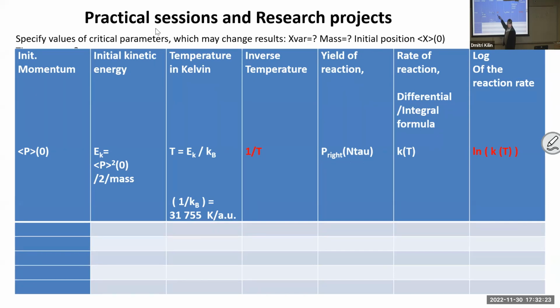It's not a surprise for you. Okay, good. And then you have the product, the rate, and the logarithm of the rate. And then you can plot the log of the rate as a function of 1/T, and typically you get a straight line, and the slope will give the rate. I want to believe that I'm not telling you anything you are not doing every day since your freshman times, right?